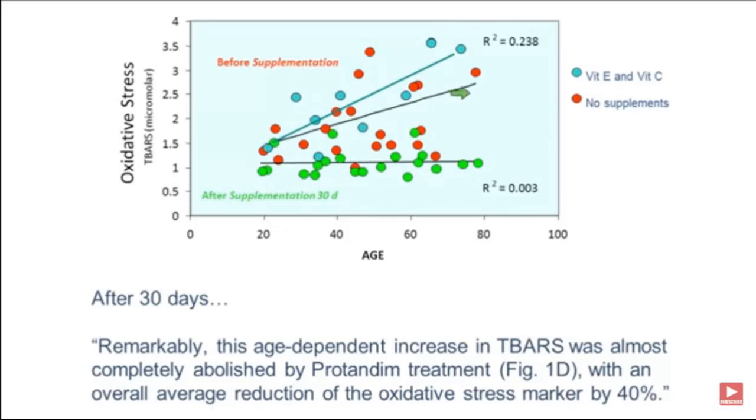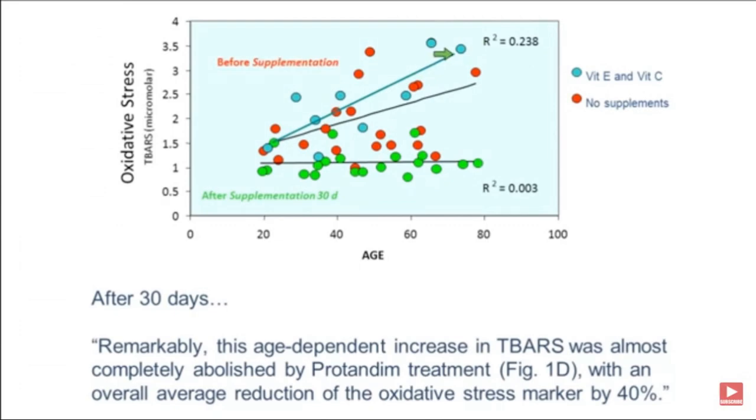And one of the interesting things that they saw was that those people that were taking supplements of vitamin E and vitamin C actually had higher levels of oxidative stress than the baseline group that was not taking any vitamin E or vitamin C supplements. Now, it did not reach statistical significance, but there was a trend towards higher levels of oxidative stress in those people that were taking the supplements.